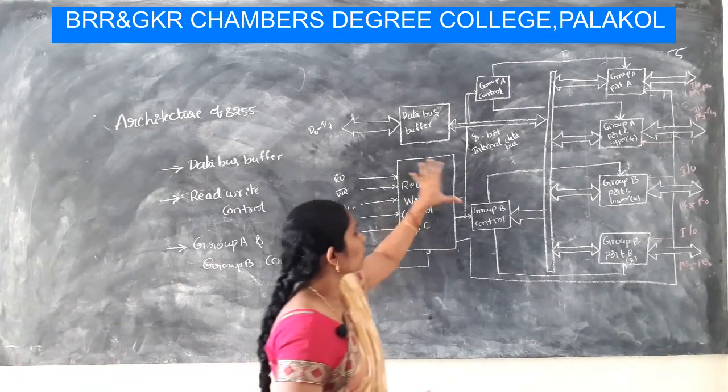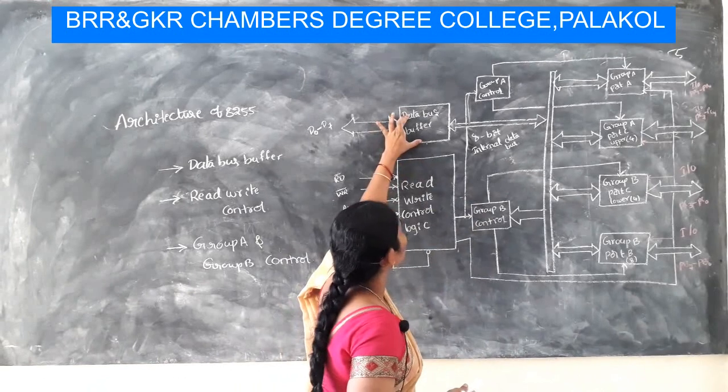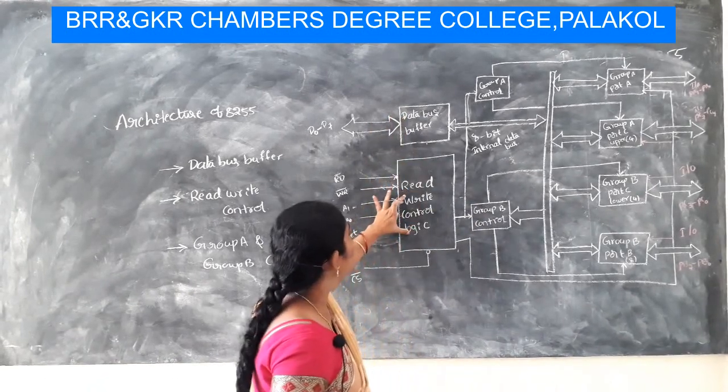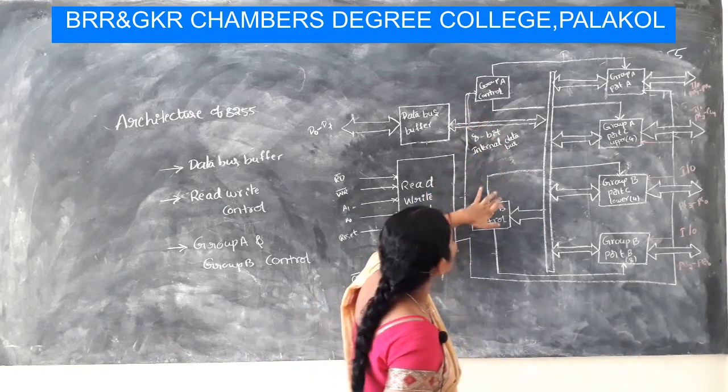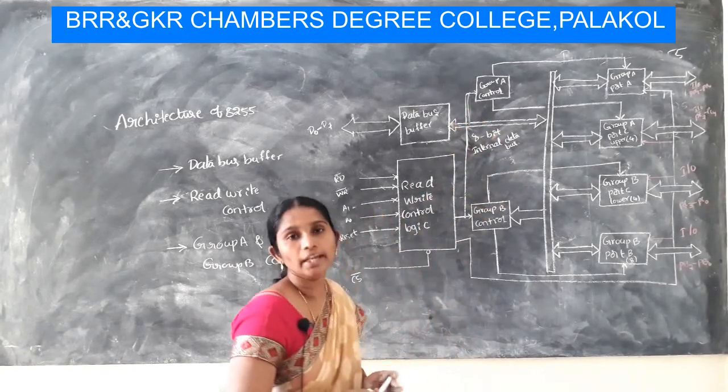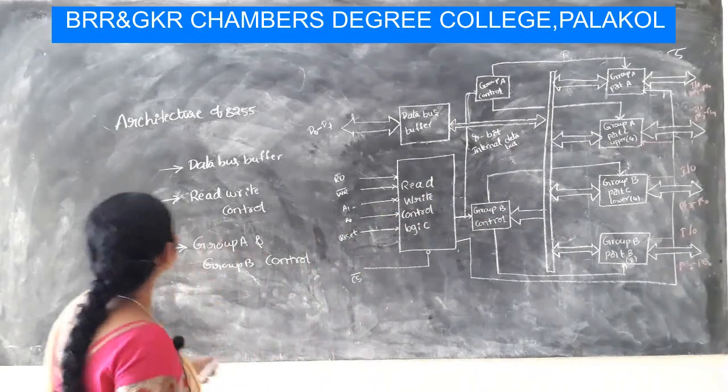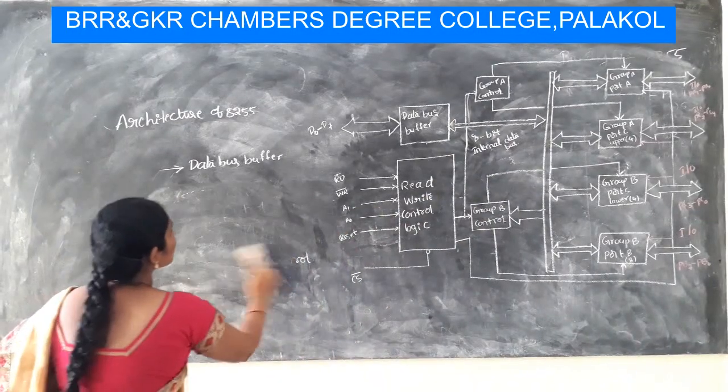So these are the major sections. The first one is the data bus buffer, the next one is the read write control logic, and these two are the group A and group B control. Okay, so the first one is the data bus buffer.